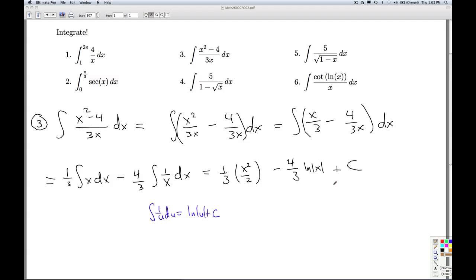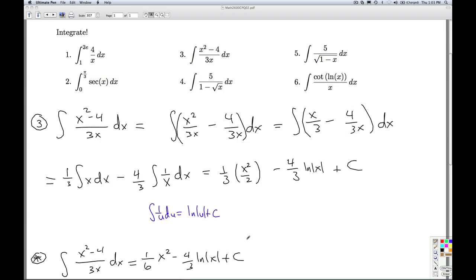And of course we have our ubiquitous c, and so our final answer, the integral of x squared minus 4 divided by 3x dx, is 1/6 x squared minus 4/3 natural log absolute value of x plus c. So that'll do it for number 3.